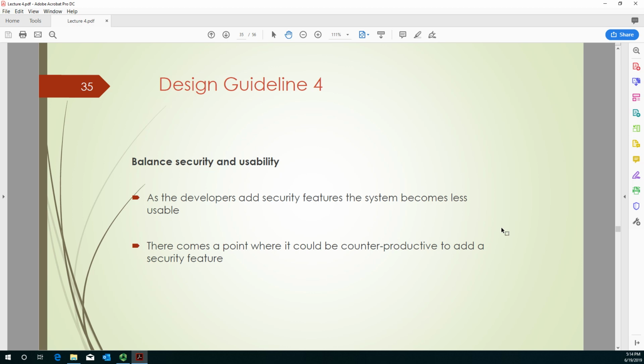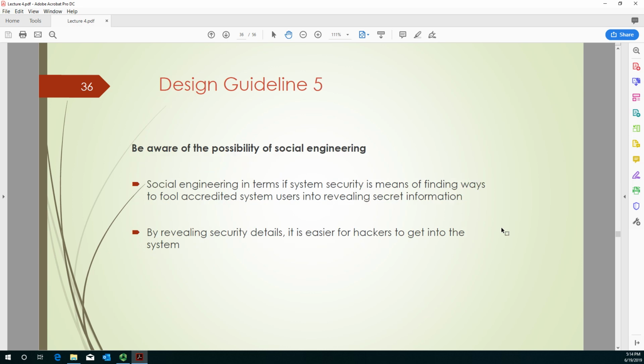So you got to balance security and usability. As developers, if you add more and more security features, it might end up that the system is no longer usable. So you got to think about that. Beware of social engineering.